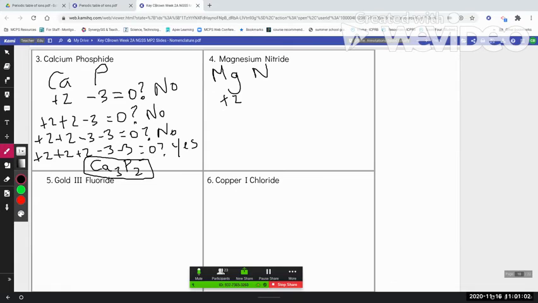So N3-. And once again, do they equal 0? No. But notice these charges.